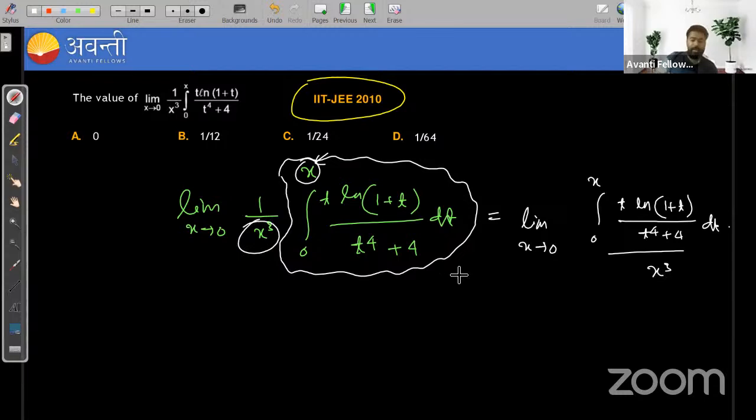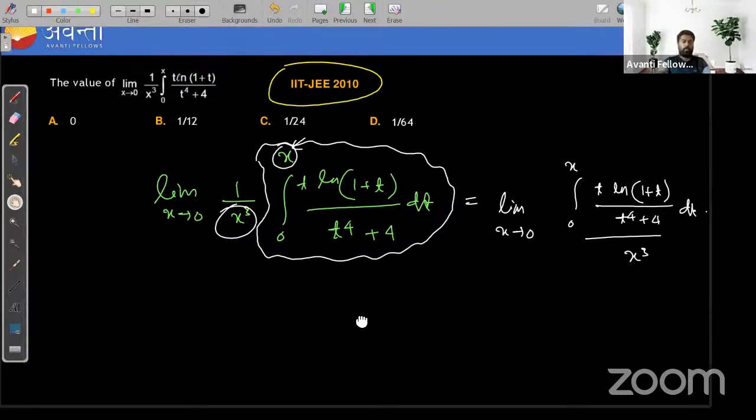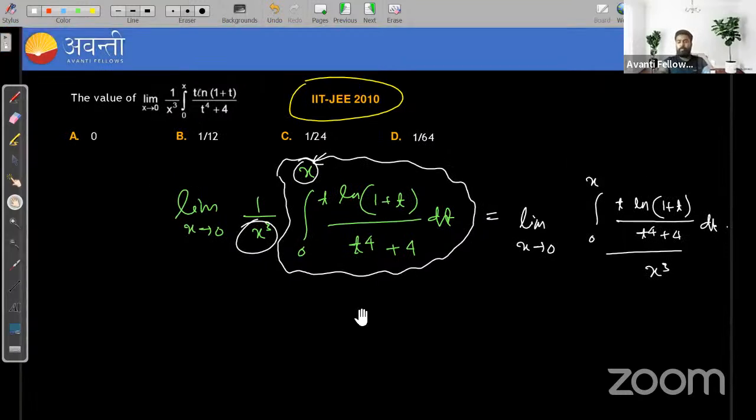So we can write it or not? Let's see. We need to evaluate the limit, right? So how can we find it?